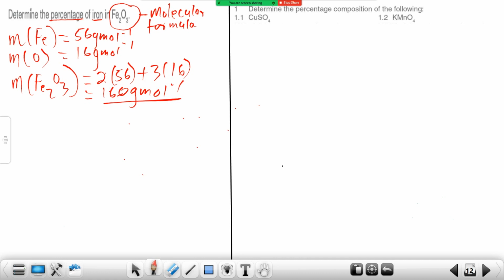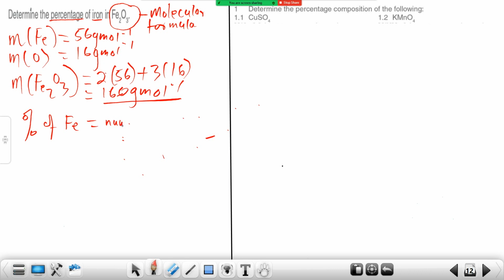So where do I go now? I go to my formula. My formula says percent of element, but which element specifically? The question was clear to say we are calculating for iron.